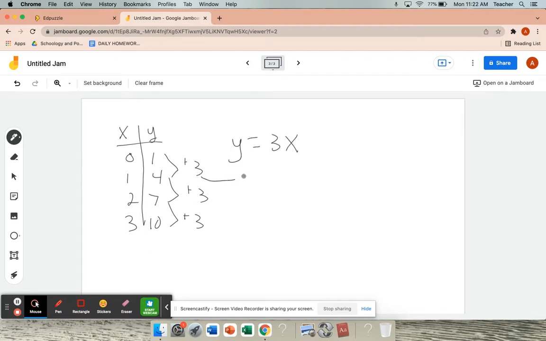That 3 becomes the coefficient. Coefficient is the number that x is being multiplied by. It's the number in front of any variable. That's multiplication. Now, how do we get what we add or subtract on here? It's what y is when x is 0. Y is 1, so we have y equals 3x plus 1.